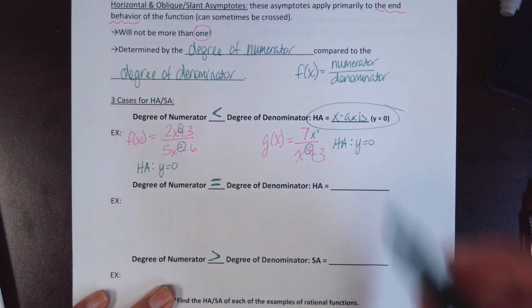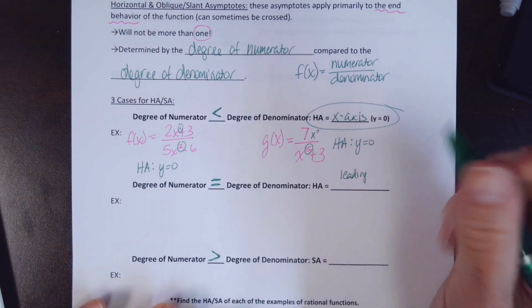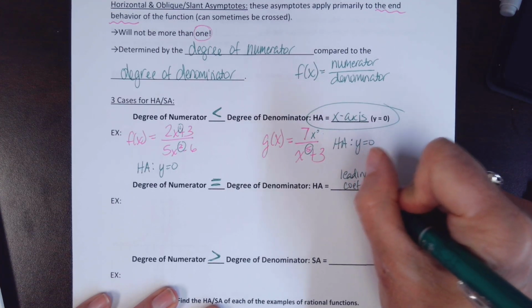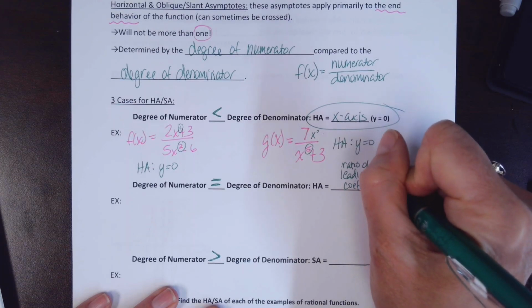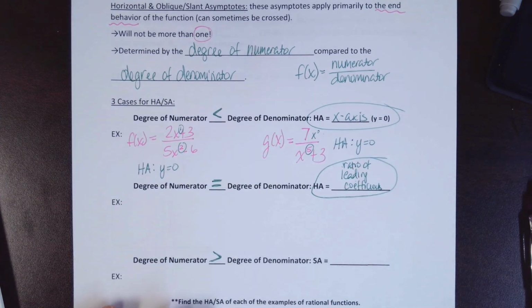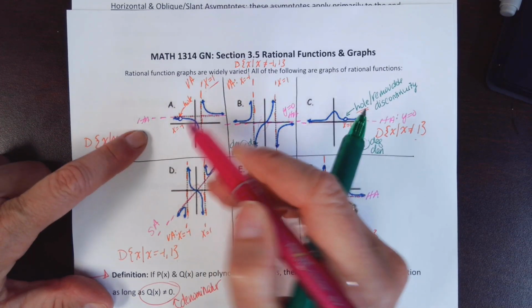Okay, what if the two degrees in the numerator and denominator are equal to each other? Well, when that happens, we still have a horizontal asymptote, but it's at the ratio of the leading coefficients. Okay, so let's find those examples on our examples over here. We've got a horizontal asymptote that's been moved up.